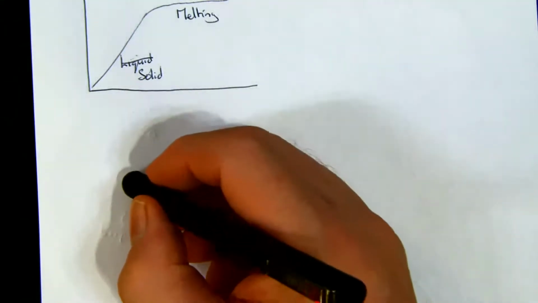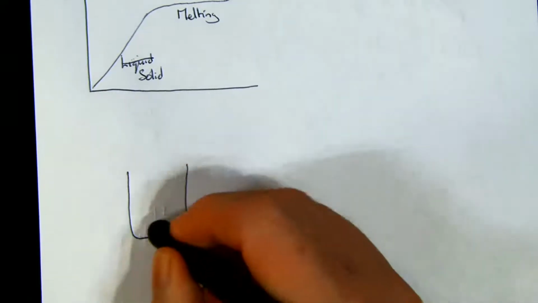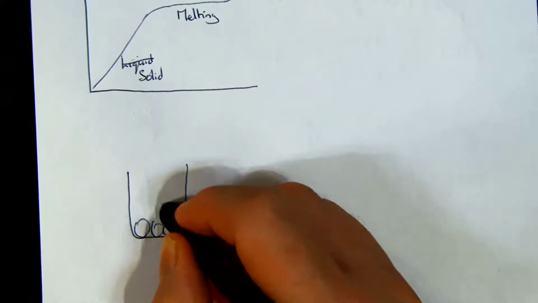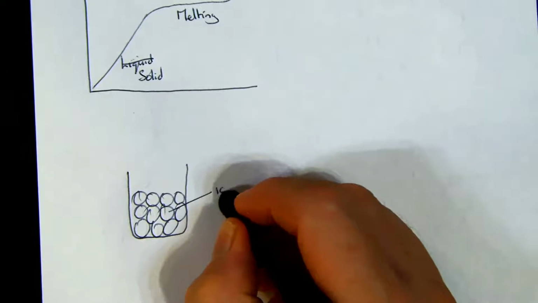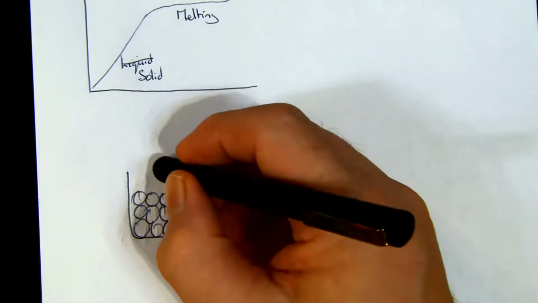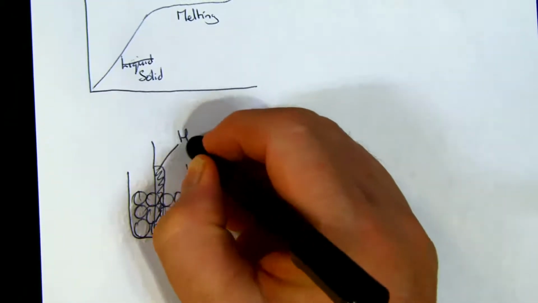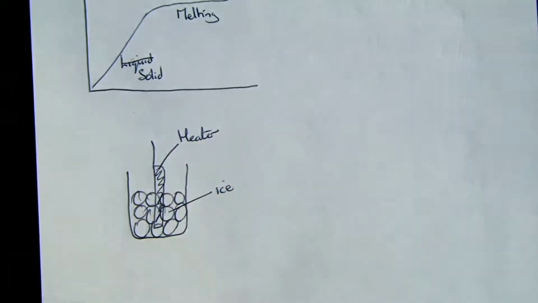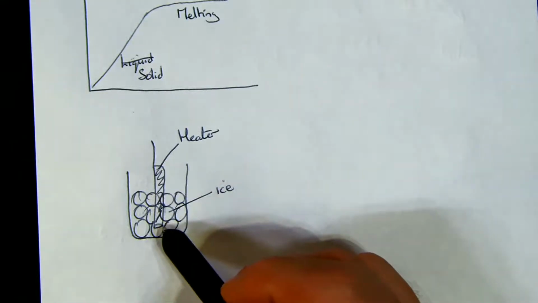Another favorite experiment of mine doing the same thing is, and it's much more difficult to do this one, we take some ice cubes. And I can put in here some sort of heater. And if you watched my experiment on physics on the specific heat capacity, it's one of those heaters.